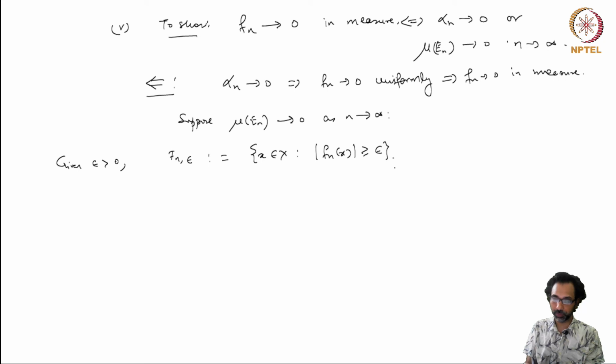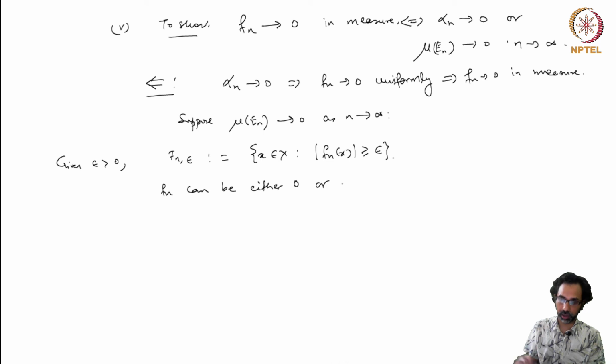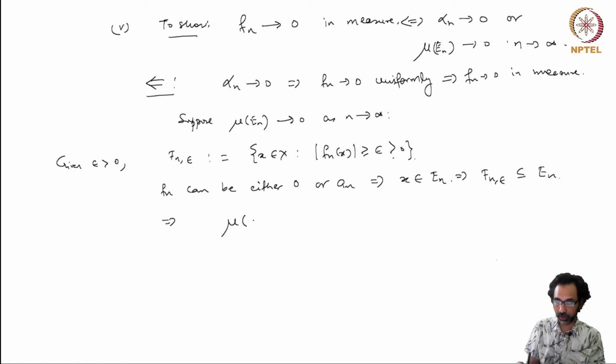So because Fn can either be 0 or an, since Fn(x) is greater than or equal to epsilon and this is greater than 0, this implies that x belongs to En. So Fn epsilon is a subset of En, and so the measure of Fn epsilon is less than or equal to the measure of En.